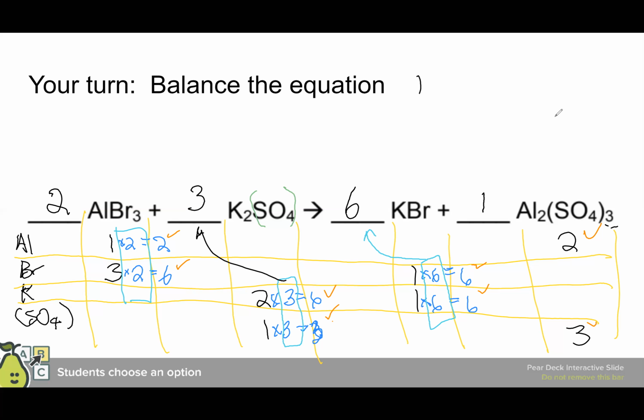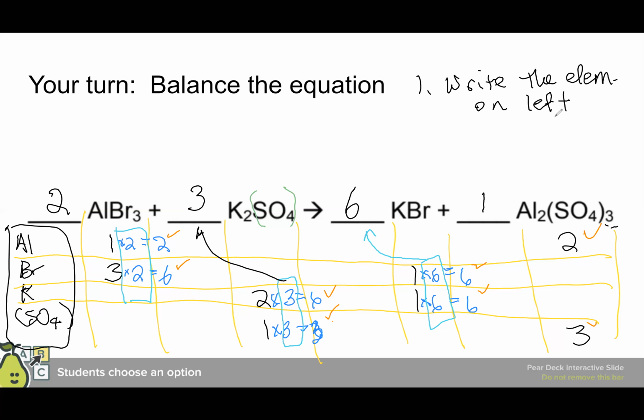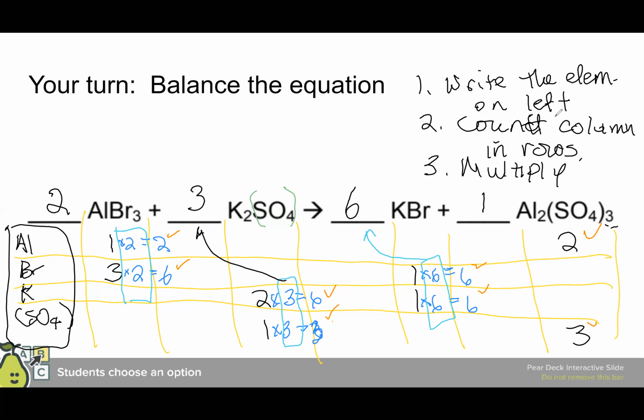Again, the steps are: 1, write the elements on the left. That's this thing here. Number 2, count the elements in each column and row. 3, multiply to balance.